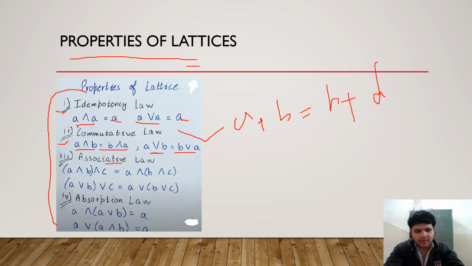Next came the associative law. What it states? That A meet B taken together and then taken meet with C equals A taken meet with B meet C together.